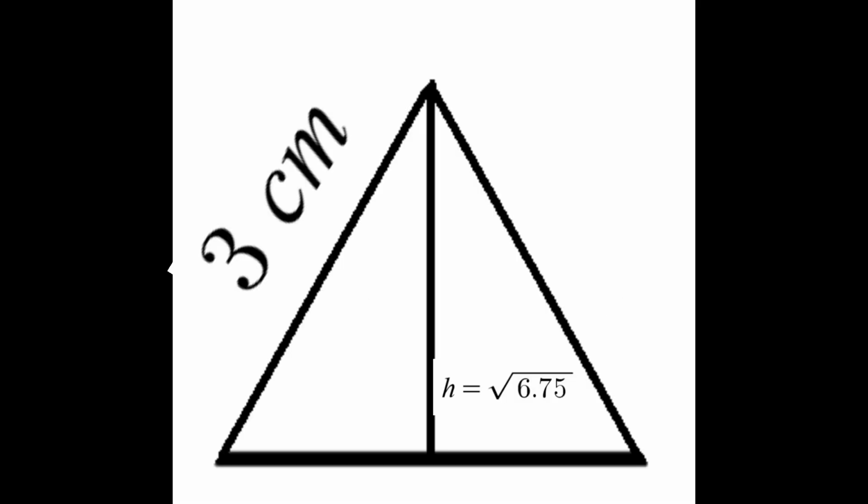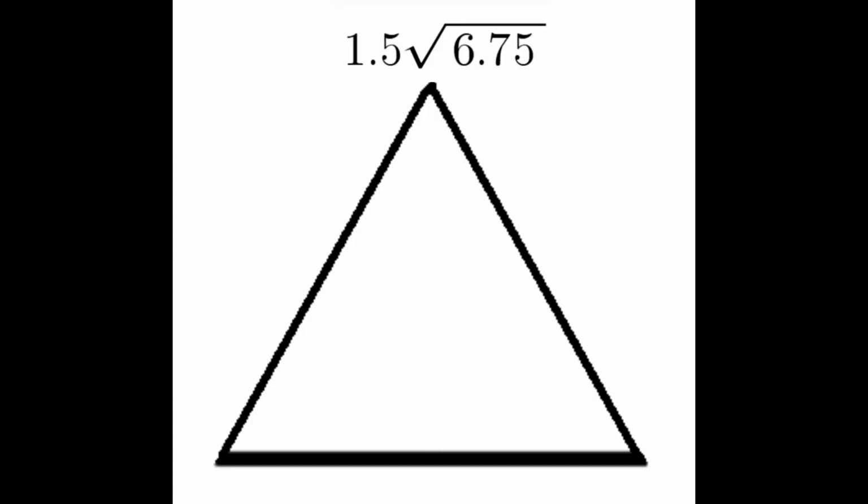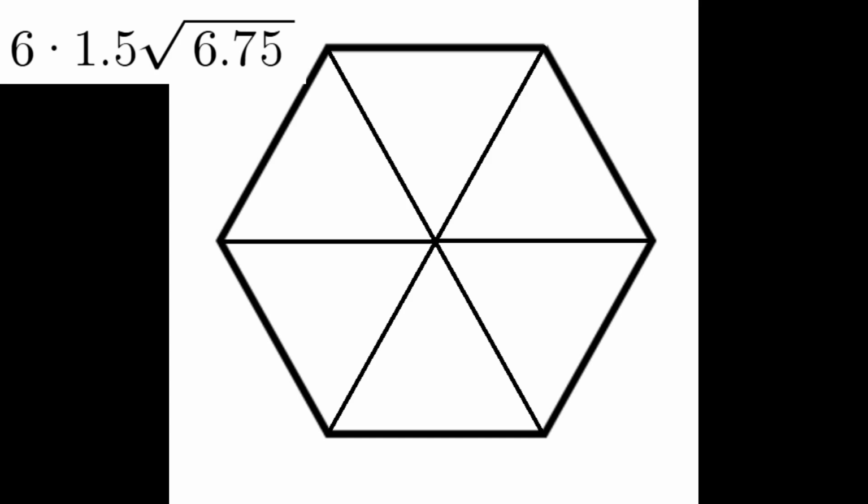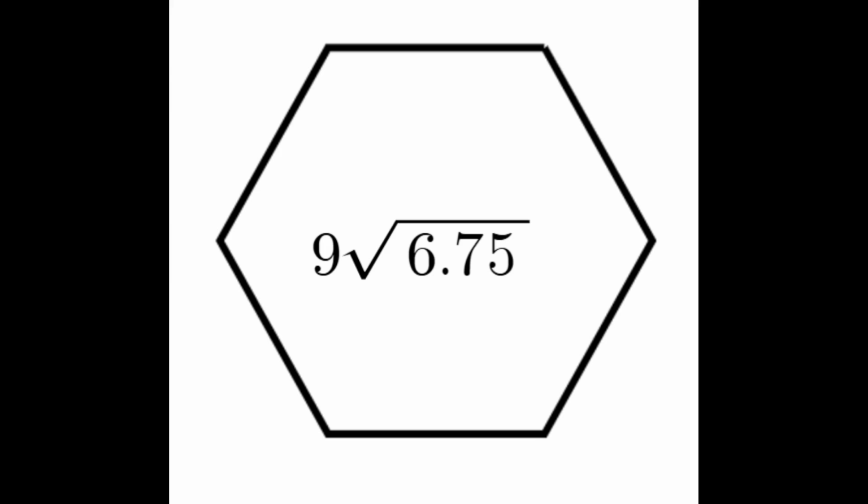So now that we know the height, we can multiply it by the 3 centimeter base and then half it to get the area of one of our triangles, which is equal to 1.5 times the square root of 6.75. And then we can multiply it by 6 to get the area of the whole hexagon, which is 9 times the square root of 6.75 centimeters squared.